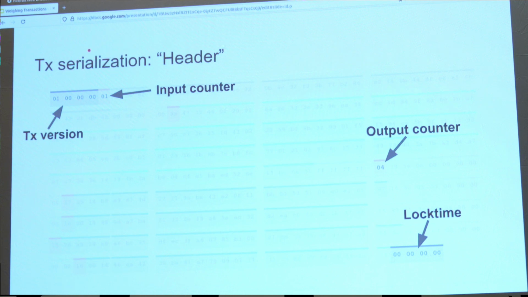So a transaction has something that I like to call the transaction header. It consists of the version, which is a 4-byte field, the input counter, which tells you how many inputs there will be in the transaction, the output counter, which does the same for outputs, and a lock time field, which is also 4 bytes.